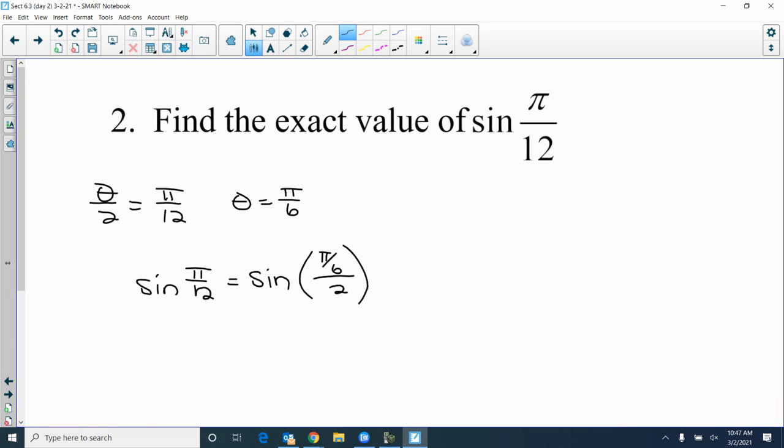What quadrant is pi over 12 in? Pi over 12 is in quadrant 1, so that means the sine also has to be what sign in quadrant 1? It has to be positive. So the sine of pi over 12 is positive. And the formula is going to be 1 minus.